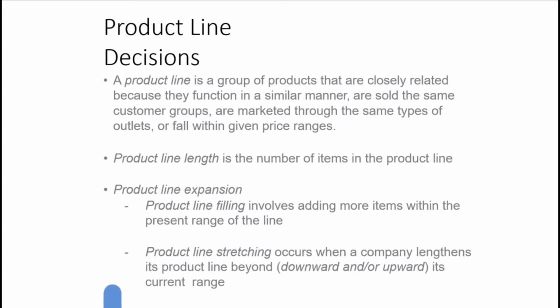So product line filling is just expanding the versions of the product that exist in your line, and product line stretching is adding more items or decreasing items from the existing line.